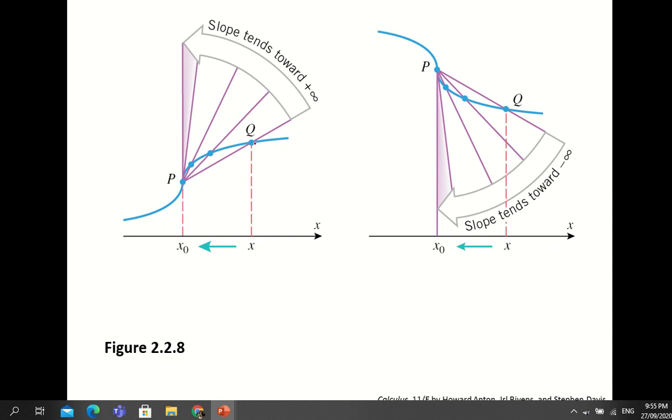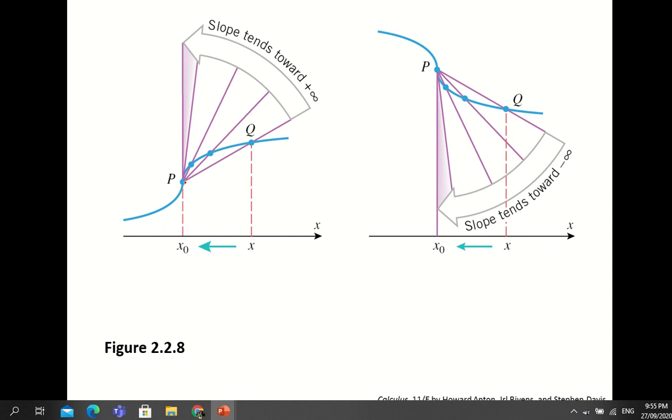As we move point Q to this point, our secant line is moving also, right? As you move this point Q farther to this point, you see the secant line is moving also towards this direction. Okay, so we can say that the slope of this secant line tends towards positive infinity.